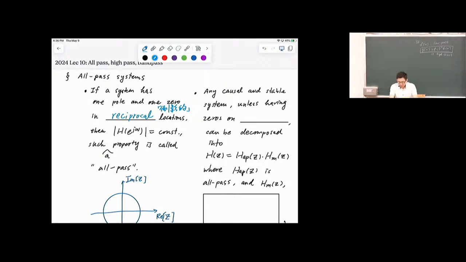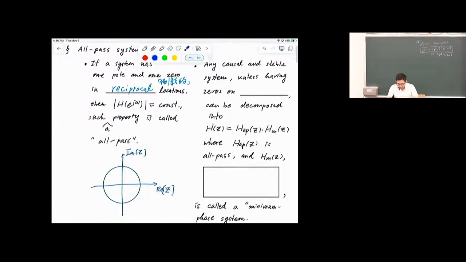But we begin with a discussion of a system having one pole and one zero. The simplest case is one pole and one zero in reciprocal locations. Then, as we promised, we can cause it to have a constant magnitude response. Such a property is called all pass.